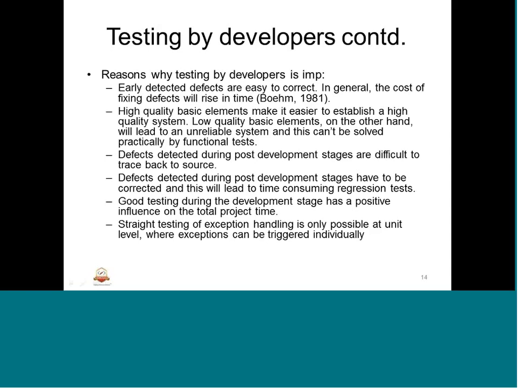Testing of exception handling is only possible at unit level, where exceptions can be triggered individually. I will tell about exceptions and interrupts sometime in the later stages, because in this new system development world, you may call it an interrupt as a result of an exception. So exceptions are somewhat unknown behavior of the system under certain conditions.